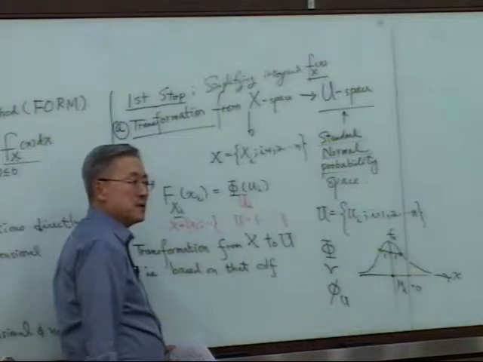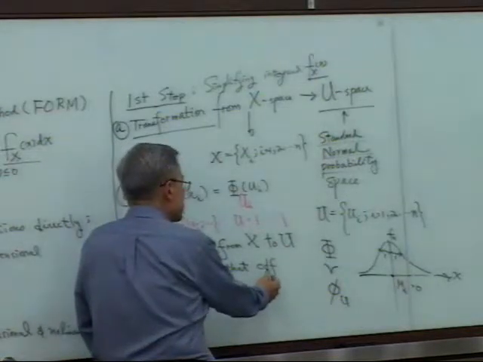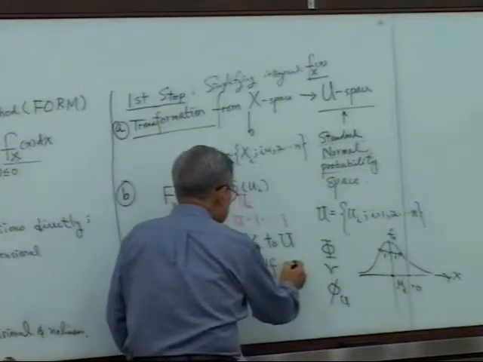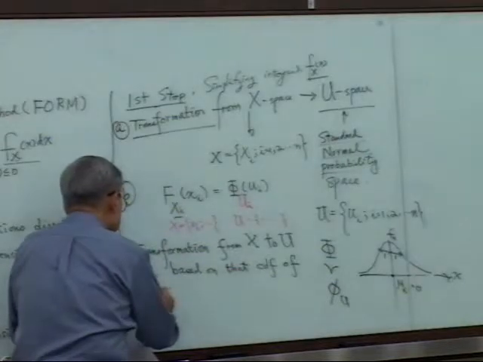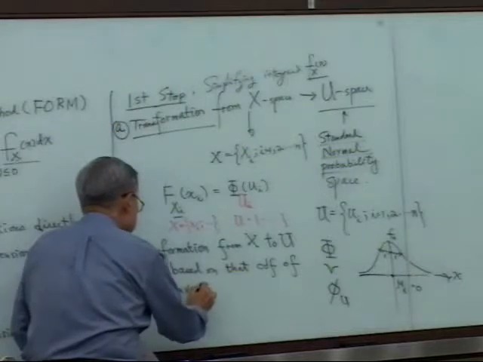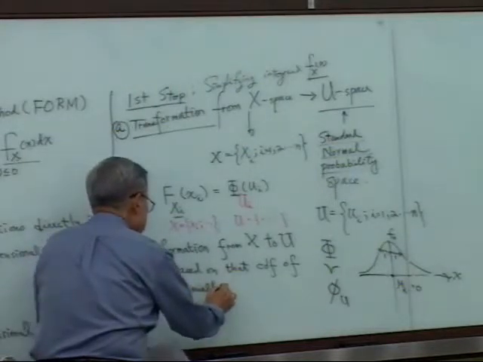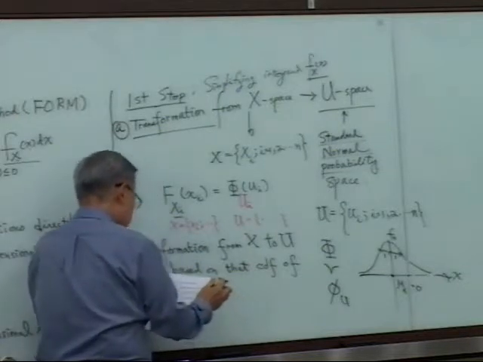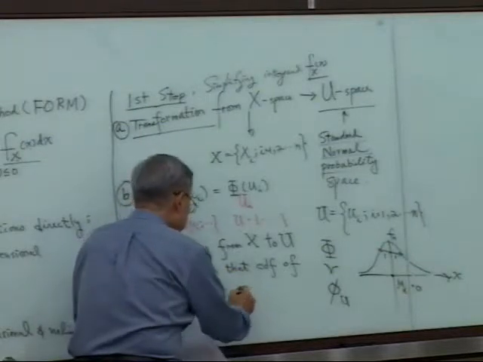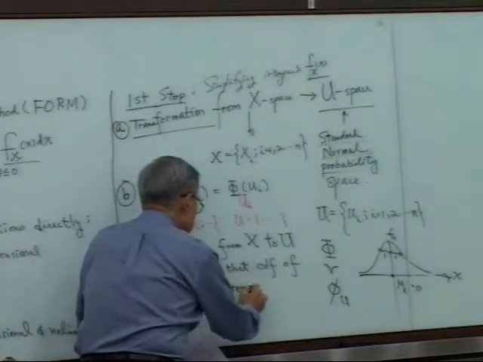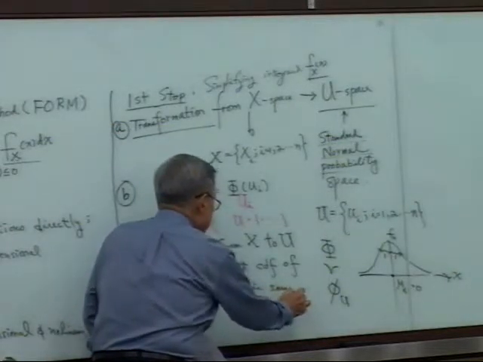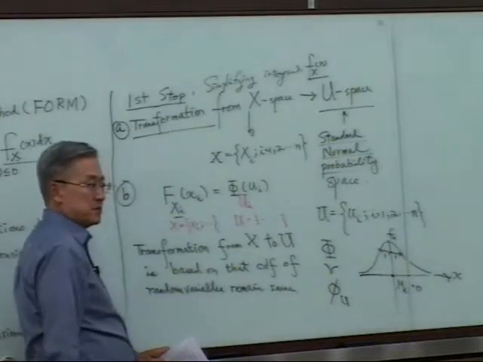Which is simply capital Fx, the cumulative distribution function of the random variables, remains the same before and after the transformation.